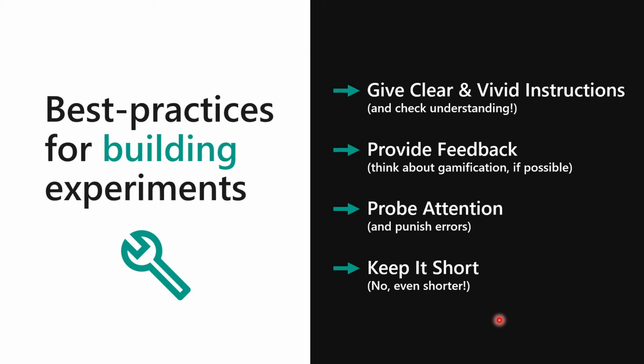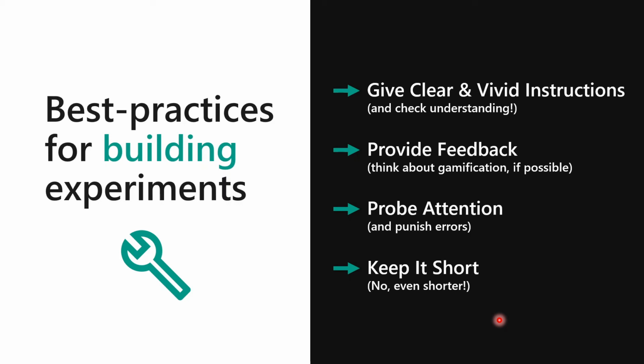For some experiments, it might be interesting to probe the attention and to punish errors. If you do, for example, 2 alternative forced choice tasks, this is trivial because you measure errors anyway. And if participants make some errors, what you could, for example, do is delay the next trial if they're making an error.